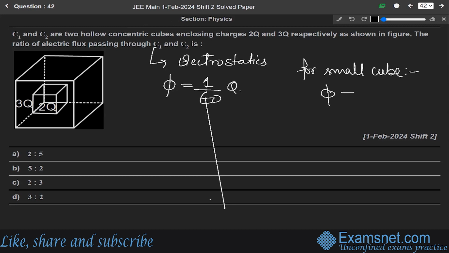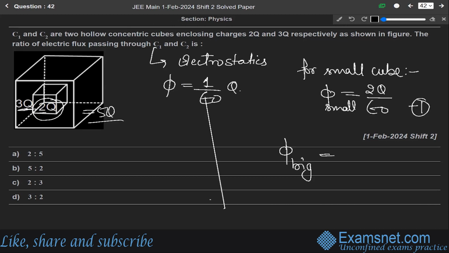So for a small cube, the charge is 2q, so flux will be 2q over epsilon naught. Let us say this is equation 1. And for the big cube, the charge is 3q, and the total charge will be this 3q plus 2q, means total 5q charge. So 5q over epsilon naught, let us say this is equation 2.